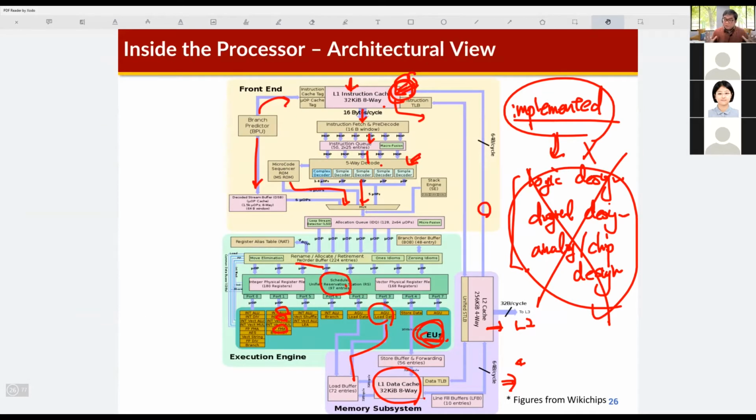This is the abstraction inside of an Intel processor. Also, you can find detailed levels of components inside the processor, like a cache, execution engines, decoders, branch predictors, and other components. So you can find the detailed architecture of the processor in this figure.